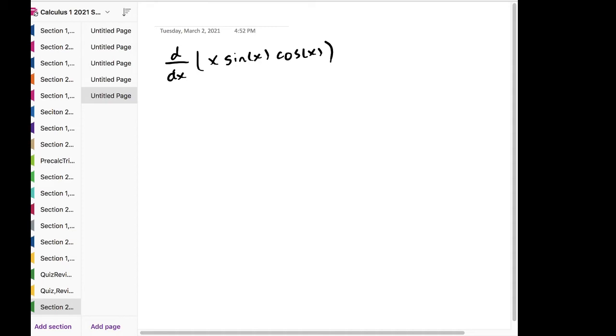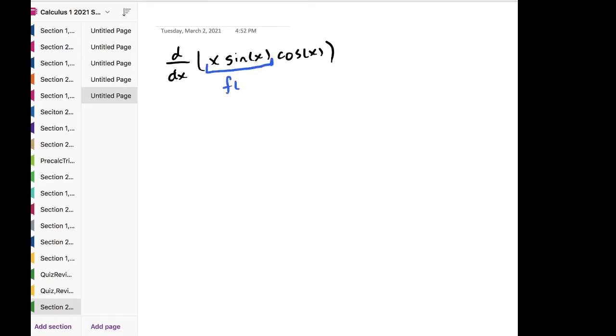Sure, yeah. So let's take this as one function. Good, and then let's take this as another function. So then you apply the product rule on f and g, right? Even though this is a product of two functions, it's still a function. So you can treat this as one function.